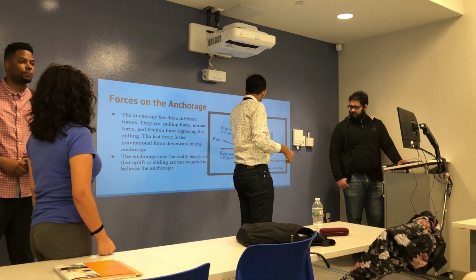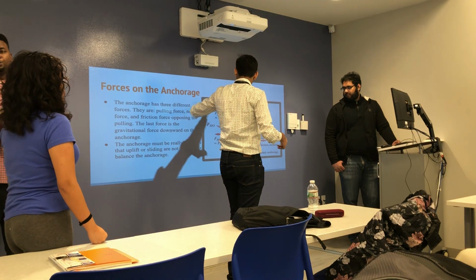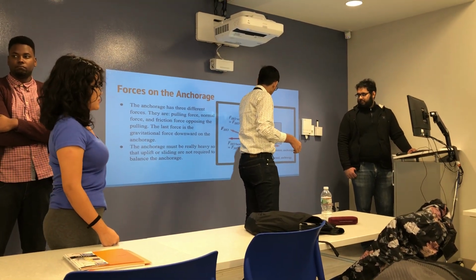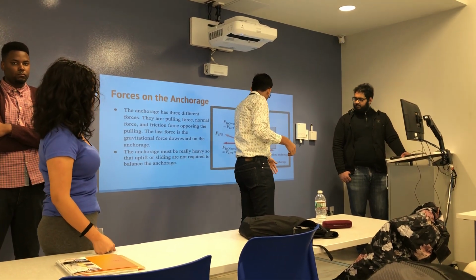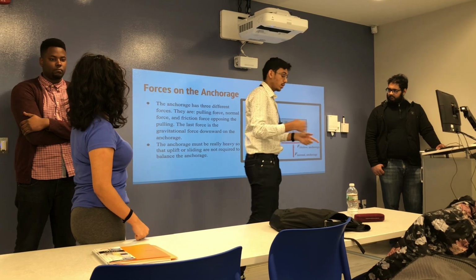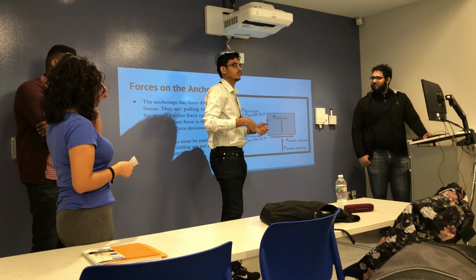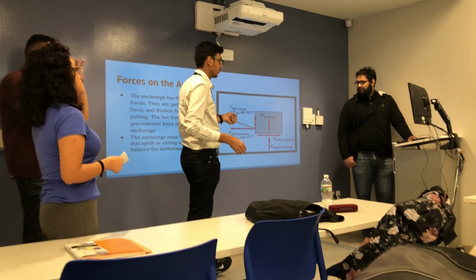It has a horizontal force of the pin. There is a friction force, a normal force, on the anchor range. There's a force in the middle, and that's why it is quite heavy, so it can balance the whole bridge and pins.